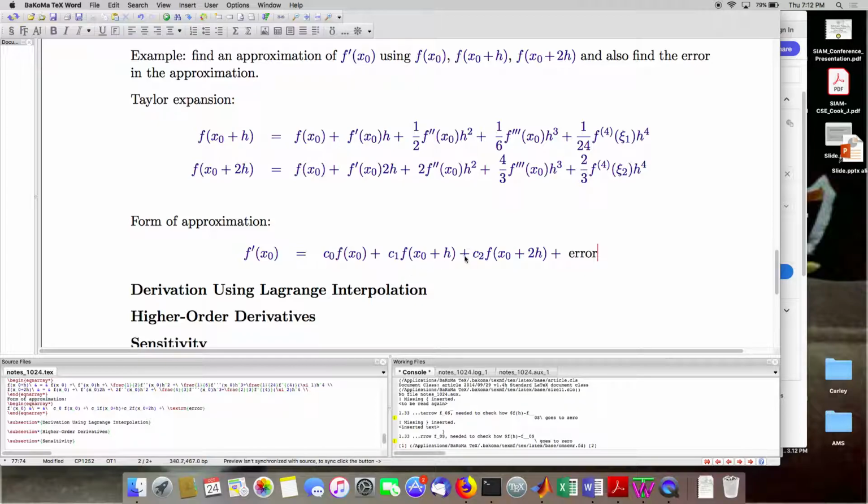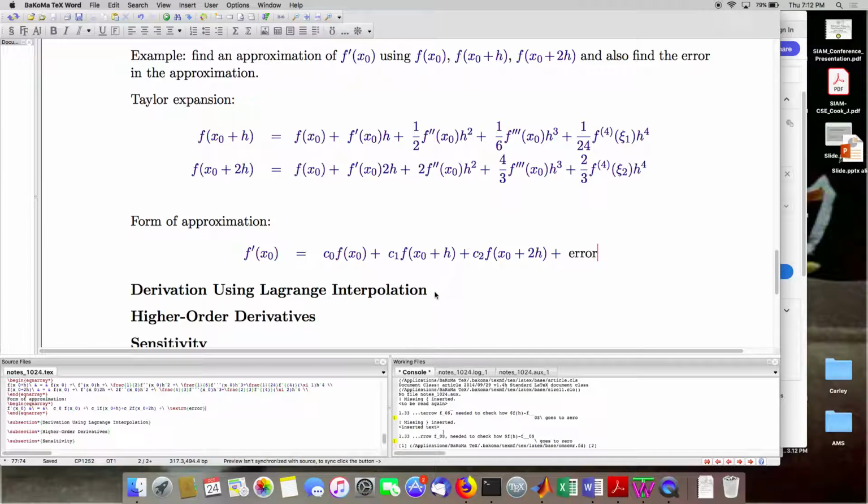So what will happen is I'll dump all these in here, sort out, get an approximation of f prime of x naught, and that will appear here. Anything that's left over after simplifying as much as we can, that'll be our error.